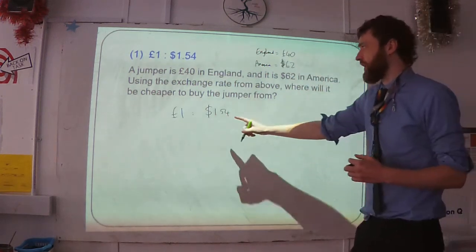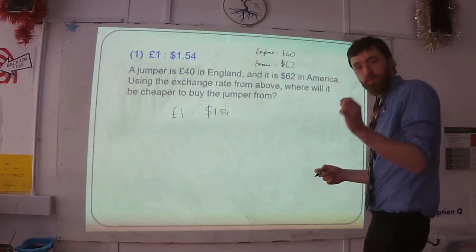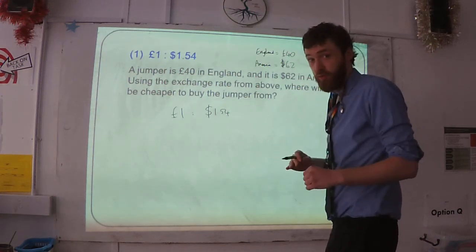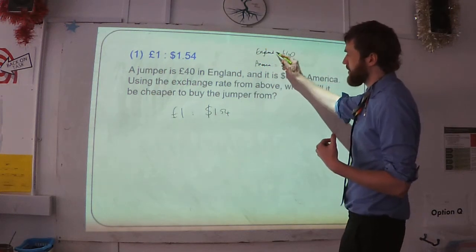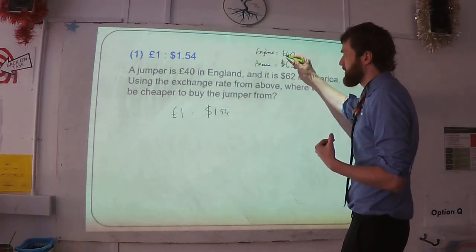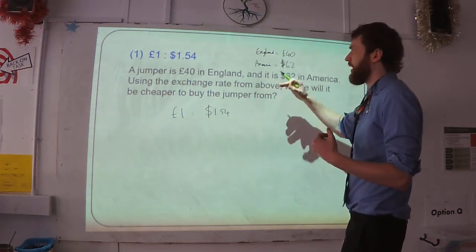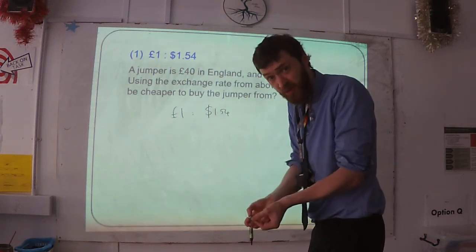Using the exchange rate, where will it be cheaper to buy the jumper? Now, it's important. Some people get too caught up in using both of these numbers. Don't. Just look at one of them and say, right, if I was looking at England, which is £40, using the exchange rate, I wonder how much that £40 would represent if it was in dollars.